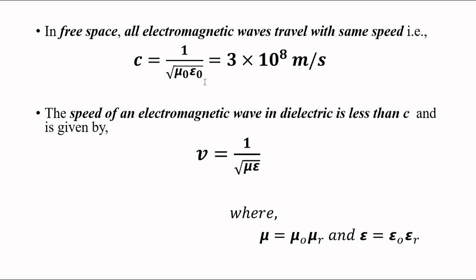So in free space, in air, all electromagnetic waves travel with a velocity of 3 into 10 to the power 8 meter per second, which is expressed as 1 by root over of mu 0 epsilon 0.